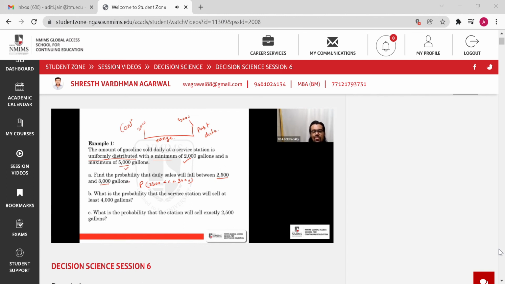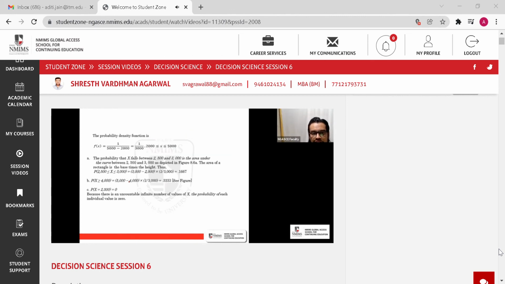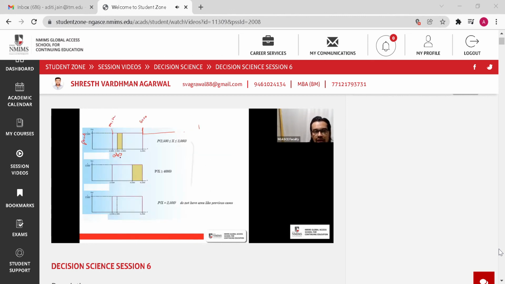So now we need to identify the possibility. Based on the range, let's define the highest possibility. So this will be the peak of the curve. Why? Because here we have captured 1 divided by max value minus min value.